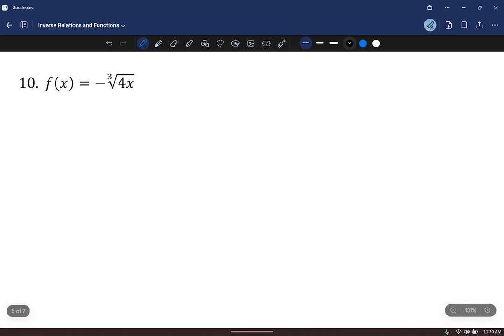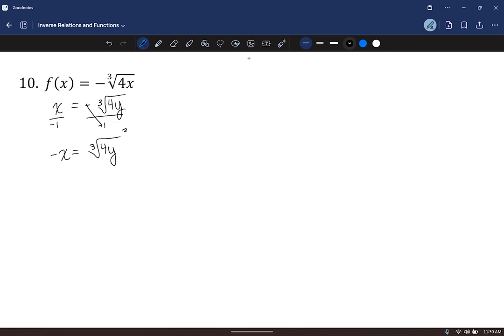All right, so moving on to number 10, we have another cubic function. Remember, those are not going to have any restrictions for our domain. All right, so let's switch the x and the y. Now, before I can get rid of the cube root, I need to divide by negative 1. So I get negative x is equal to the cubed root of 4y.